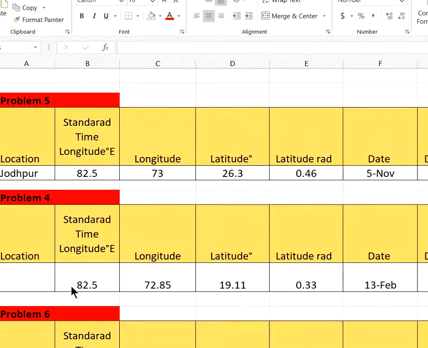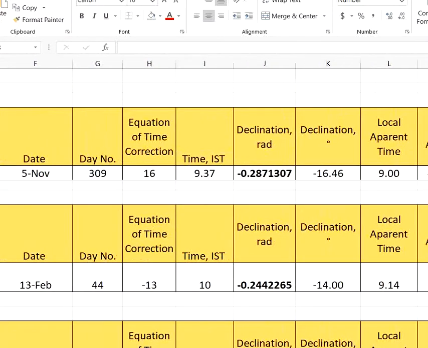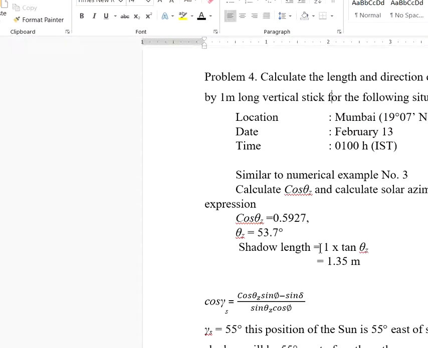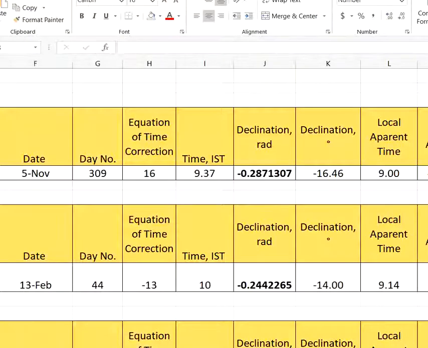We'll see. The longitude is given, 72 point something. So this is problem number 4. Let us concentrate on this. Longitude is given, latitude is given, latitude in radians. If we scroll on, the day is 13 February, so that is the day number.